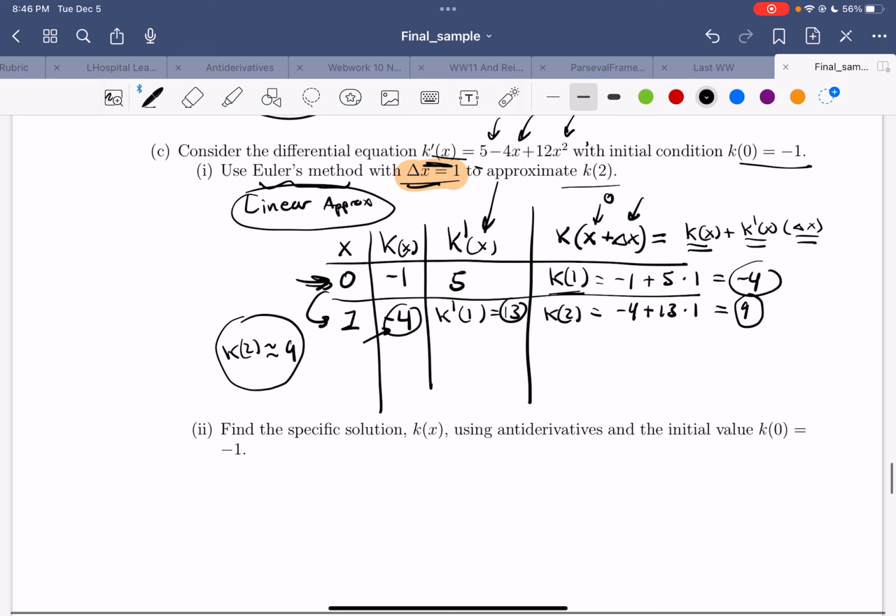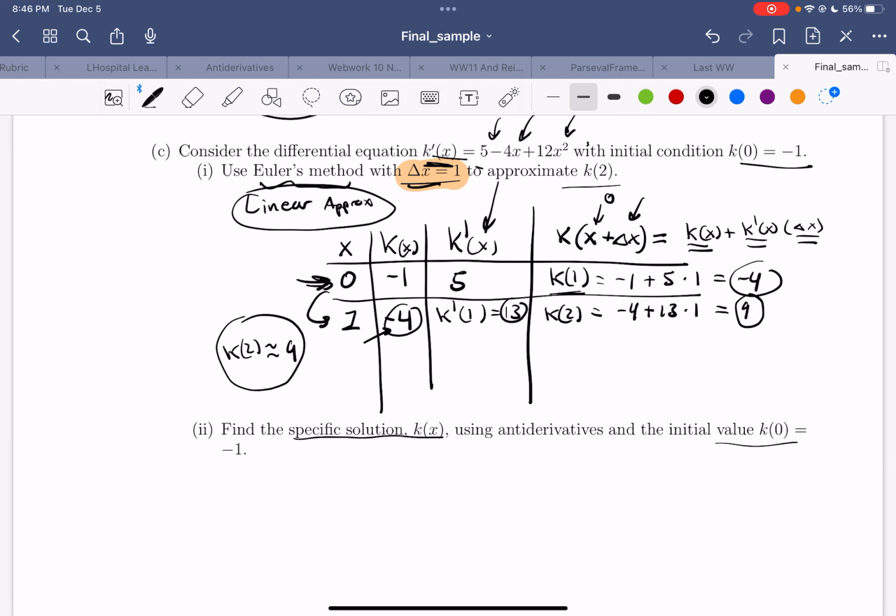All right, find the specific solution for k of x using the antiderivative. Okay, so k of x, well, it's kind of like the antiderivative of k prime of x. And I'll explain what I mean by kind of like. So let's find the antiderivative.